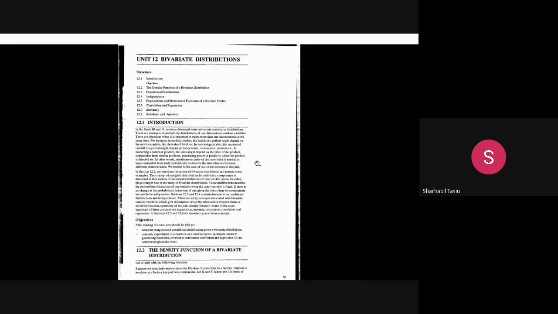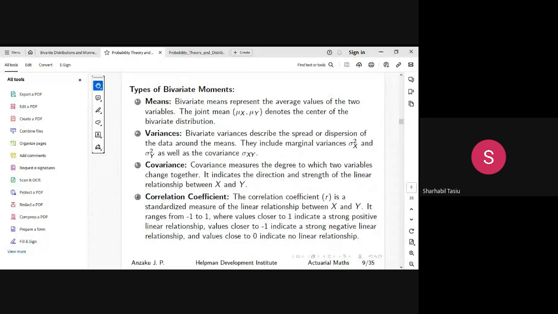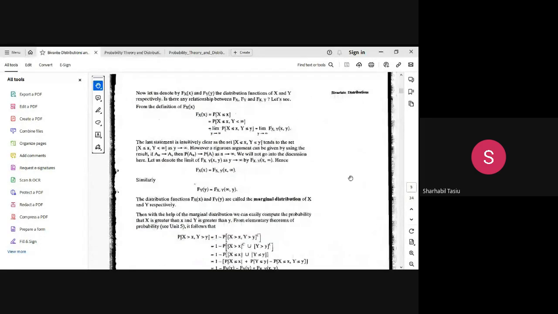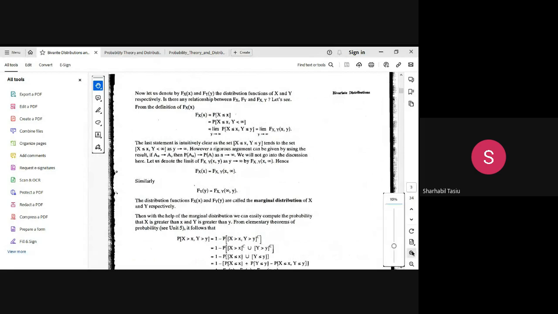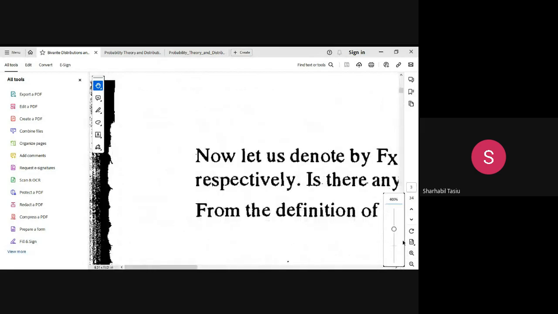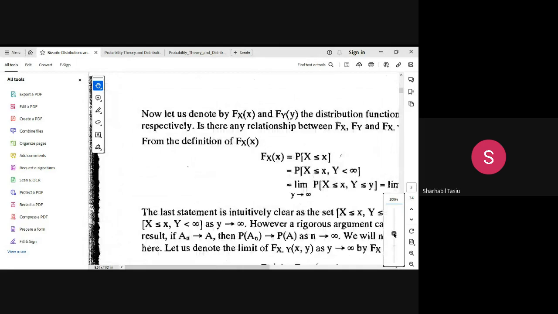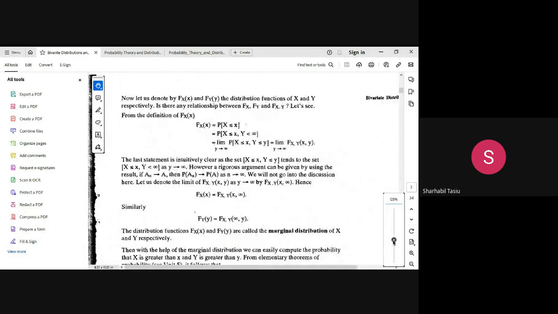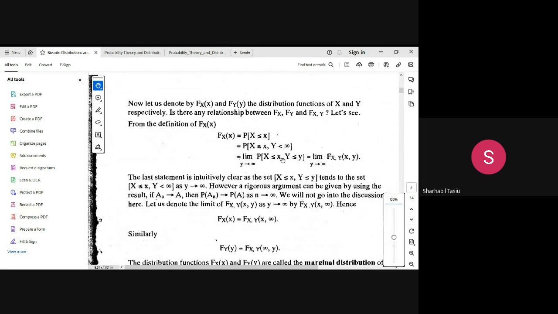This material here, the write-ups look tiny, right? It's tiny, please. Okay, let me go back. I'm trying to increase the size so that it will be more visible.